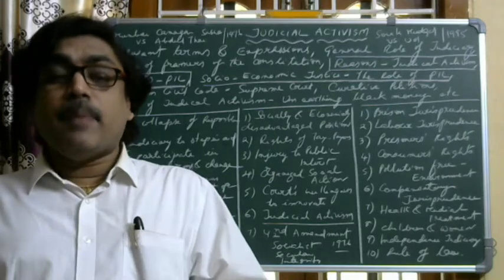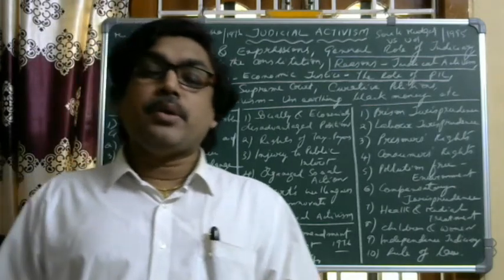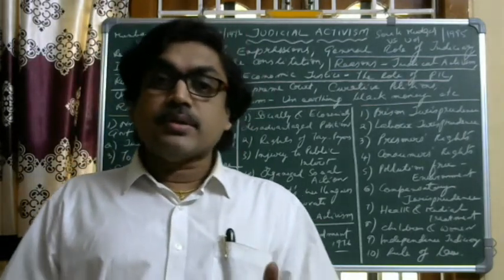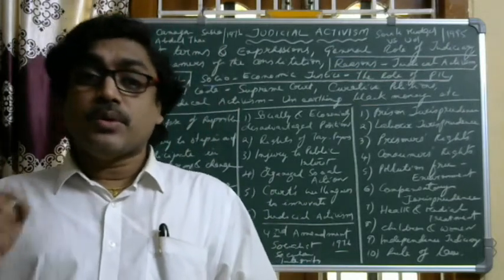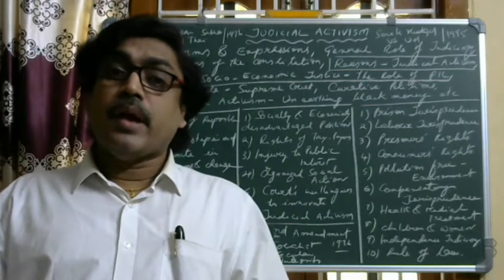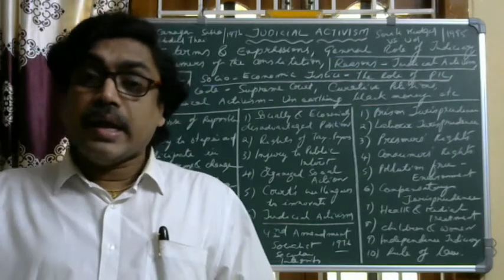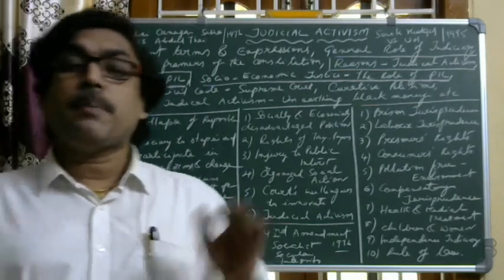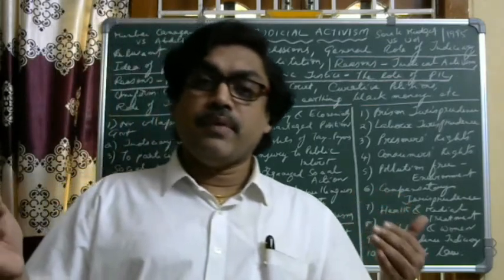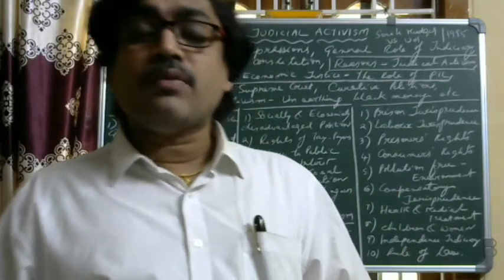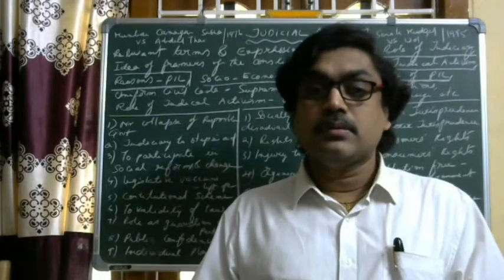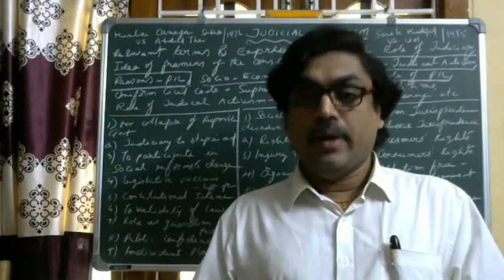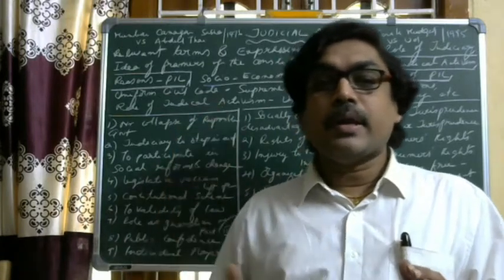Through this amendment they introduced the fundamental duties to the citizen, and they added the words secularism, socialist, as well as integrity, to the preamble of the Constitution of India. So this is also one of the reasons for emergence of public interest litigation in India.